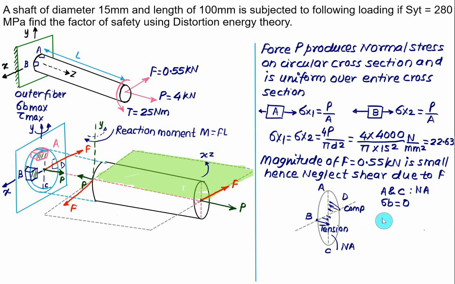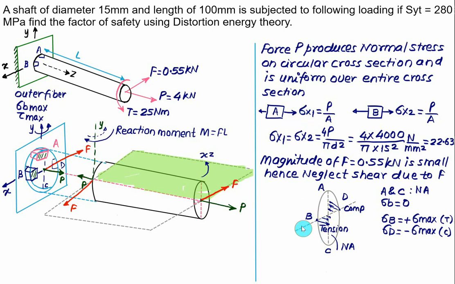Bending stress at point B is positive and is the maximum value, that is tensile. And the bending stress at point D will be a negative value, and it's compressive. So we can go for B, because already we have the tensile in nature. So we'll select B. Positive will be more value.